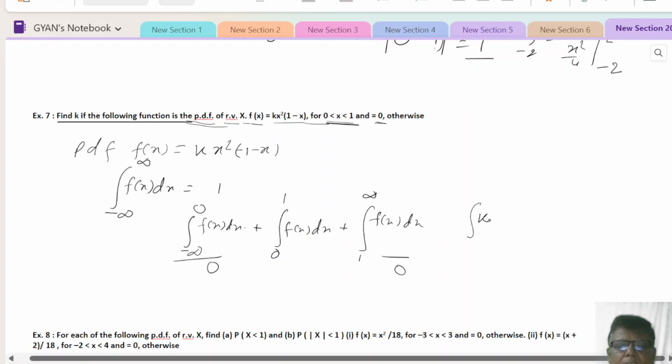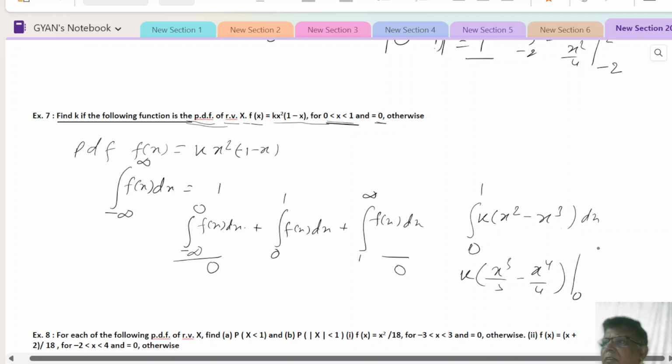So that is k times the integral of x square minus x cube dx from 0 to 1. So x cube by 3 minus x to the power 4 by 4 from 0 to 1. And 1 by 3 minus 1 by 4 is 1 by 12. So k times 1 by 12 is equal to 1. So therefore k is equal to 12.